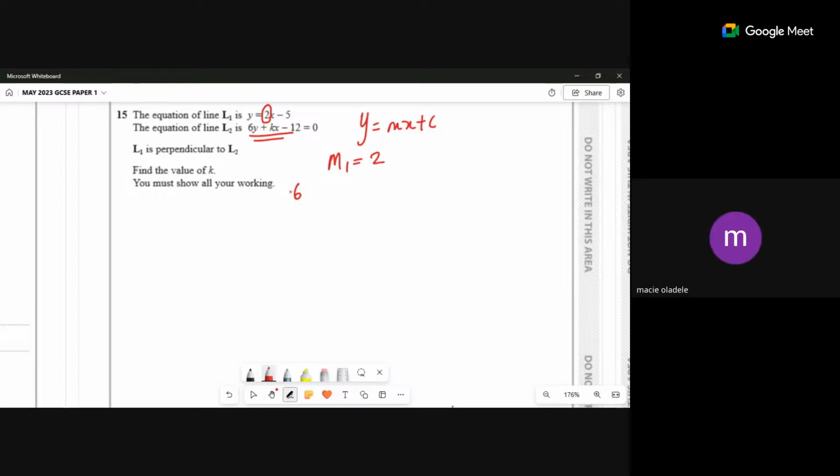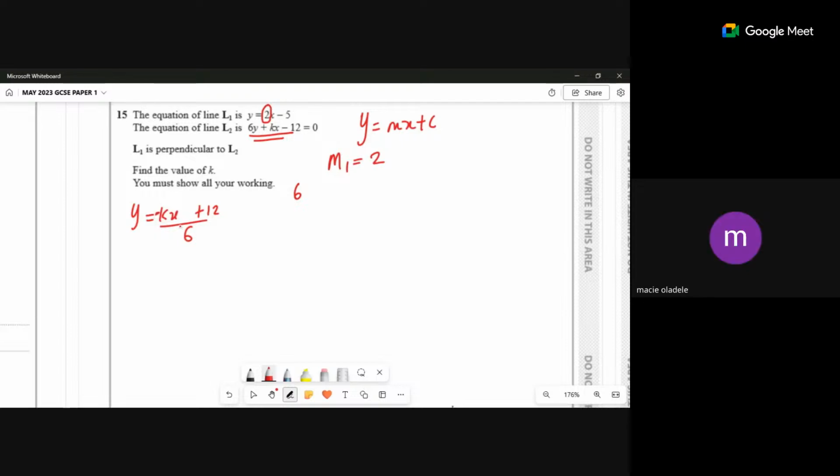Y equals kx plus 12 over 6. Okay. Y equals kx plus 12 over 6. This should be negative kx.